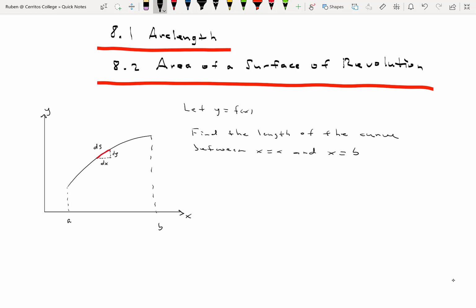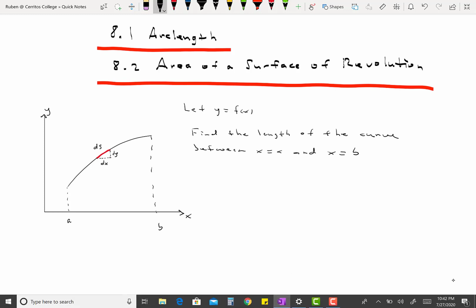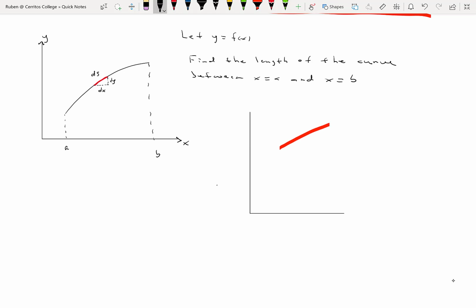Let's blow up that tiny triangle figure so we can get a handle on a form for ds. In the picture off to the right and a little below, that's the little arc length ds blown up so that we can look at it more critically.